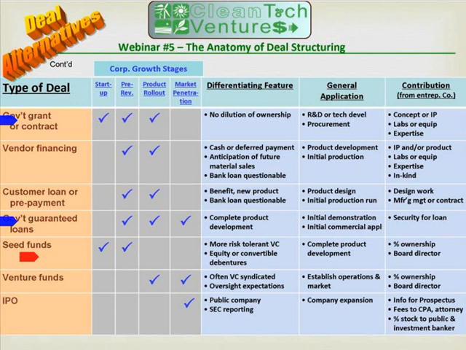So the government, typically in the clean tech space through the U.S. Department of Agriculture or the U.S. Department of Energy, agrees to repay a certain portion of the loan, and many times it's 70 to 80% of the loan in the event that the company defaults.